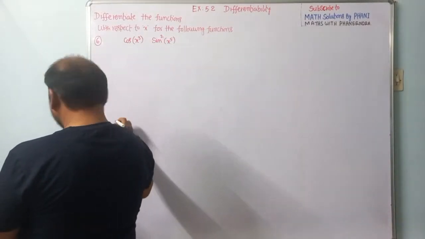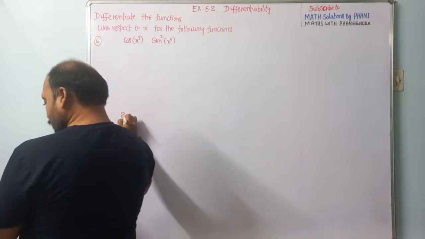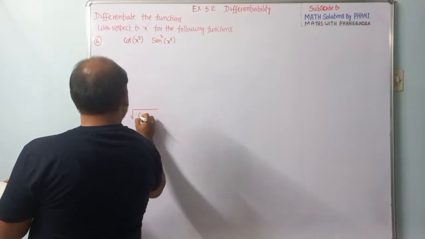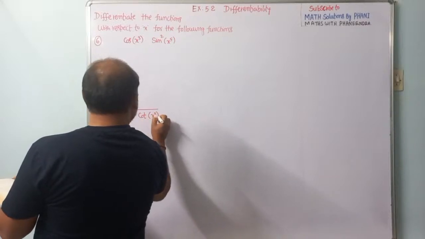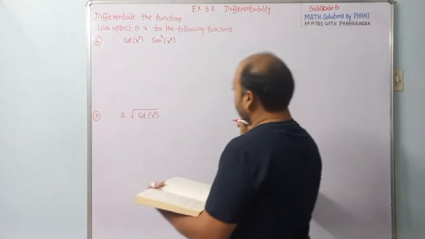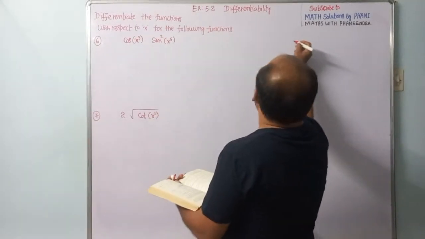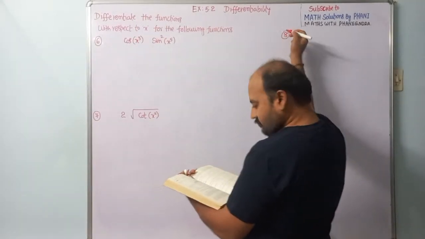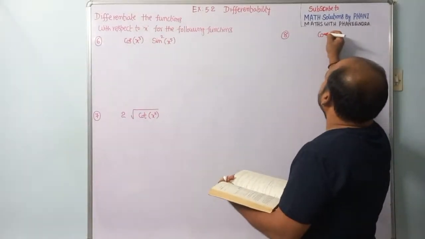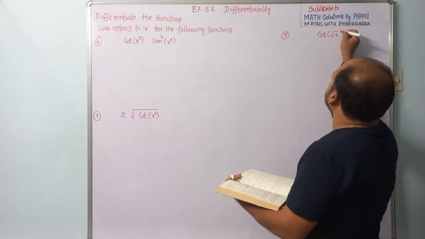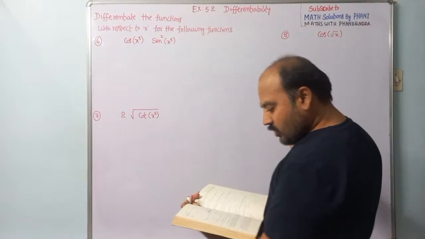Question number 7: 2 into root of cot x squared. Next, question number 8: cos root x. Slowly I will explain, dear students.